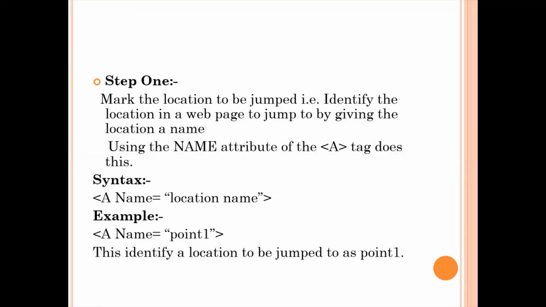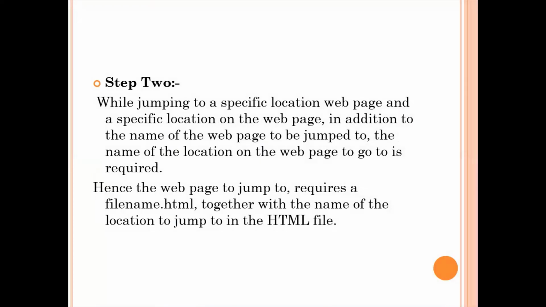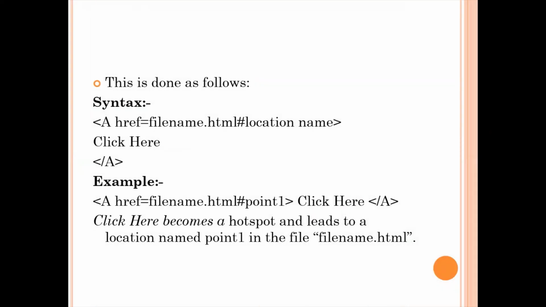The first one is we will mark that particular location with the attribute name of an anchor tag. By the second step, we will jump to that particular location by using a simple code that is shown on your screen.